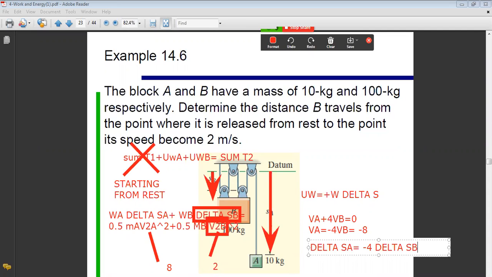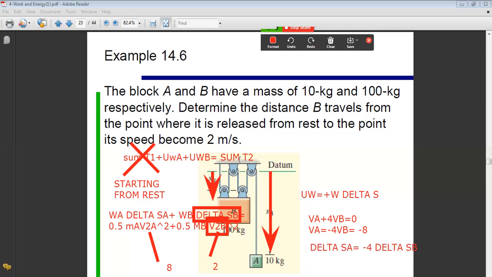So now all we have to do is replace delta SA by minus 4 delta SB, and then the only unknown will be delta SB.